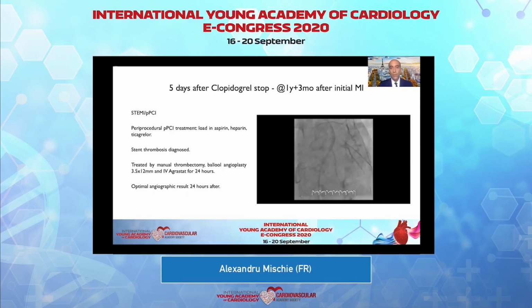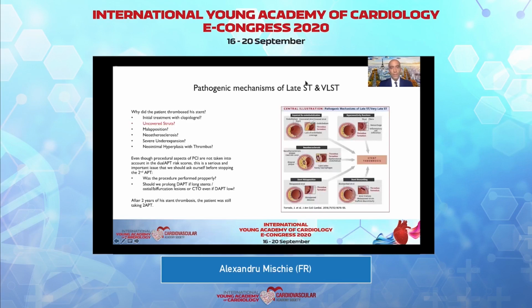And I also performed OCT. The OCT clearly showed that there was a small part of malapposition, which I dilated, of course, with a balloon of 3.5 by 5. Now, what is the pathogenic mechanism of late stent thrombosis and very late stent thrombosis?